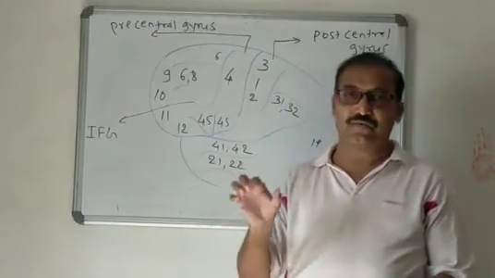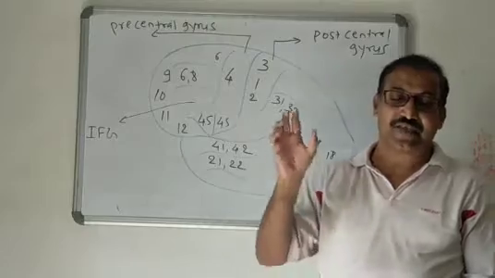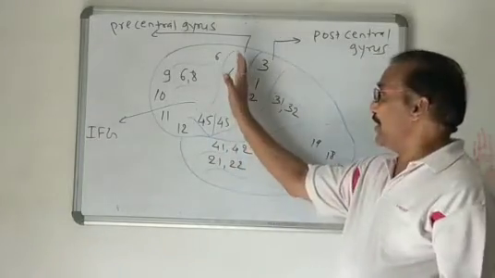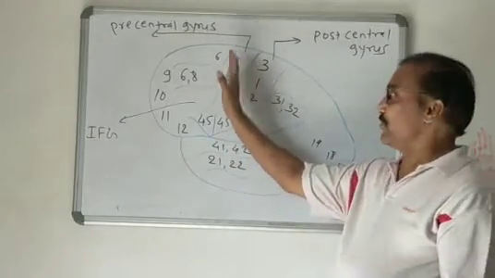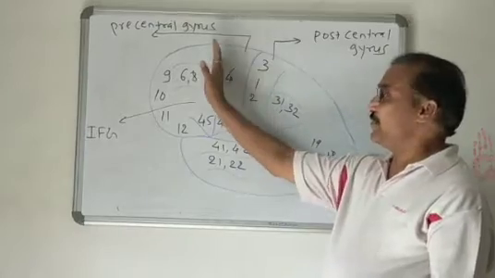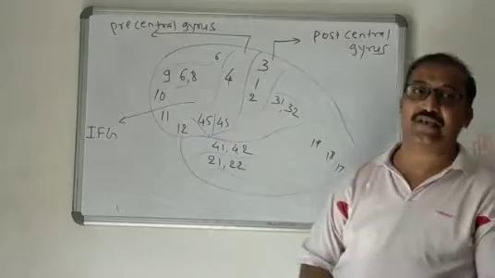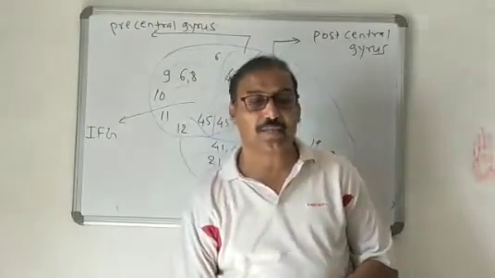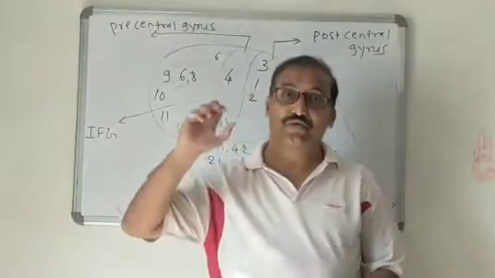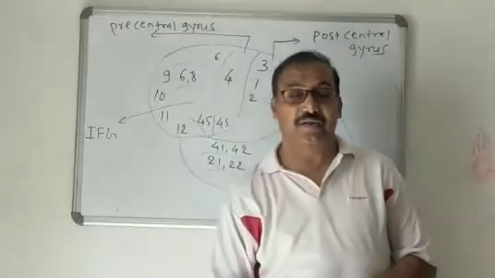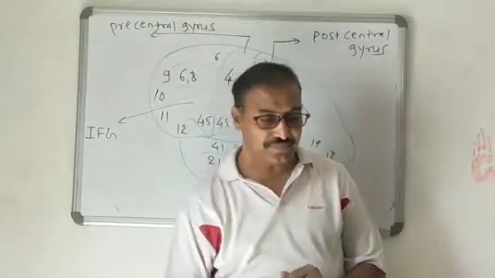So which system controls this? That is the extrapyramidal system. Pyramidal tracts start in the motor area, and exactly in front of it there is the premotor area, which is called the extrapyramidal area or extrapyramidal system, which controls the muscle tone and fine movements of our body.